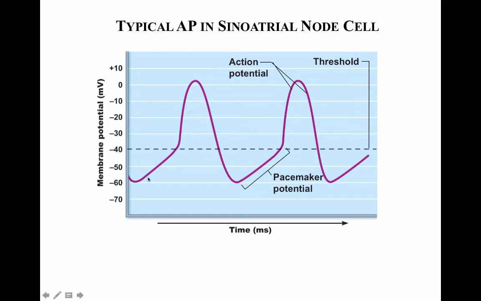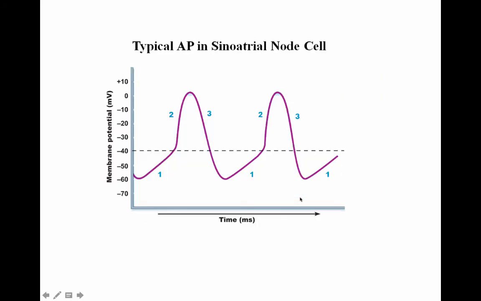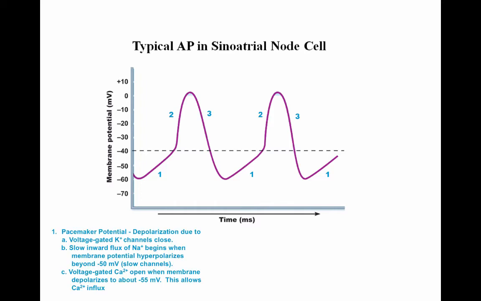A typical action potential in the sinoatrial node cell looks like this chart in general. We'll take a look at the different levels of millivolt change that we have, how gradual this change is, and what occurs within a few new terms that we'll see, like pacemaker potential. So in a typical AP in sinoatrial node cells, as step one, we have this pacemaker potential.